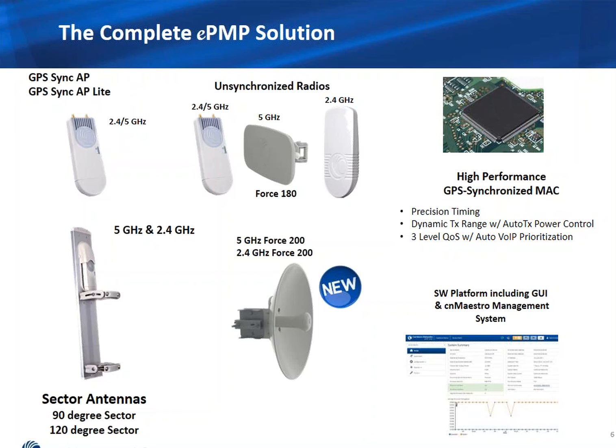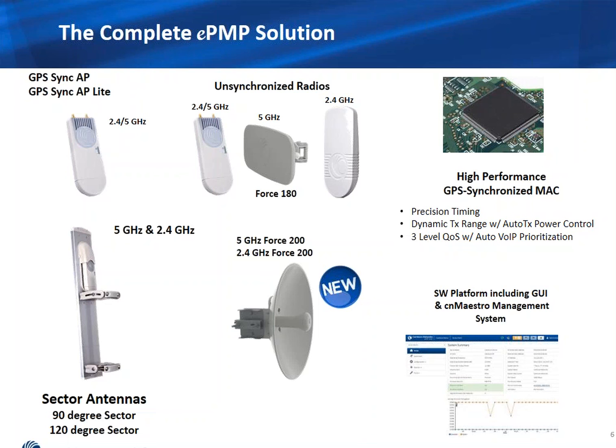And then the products that we're talking about today, the Force 200, are new products to the portfolio that provide you with a very cost-effective and efficient solution for getting a high-gain SM or a very low-cost and high-performance point-to-point network.